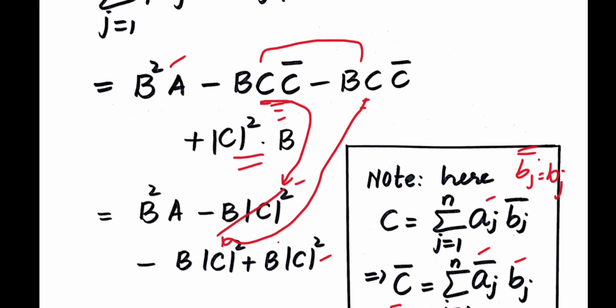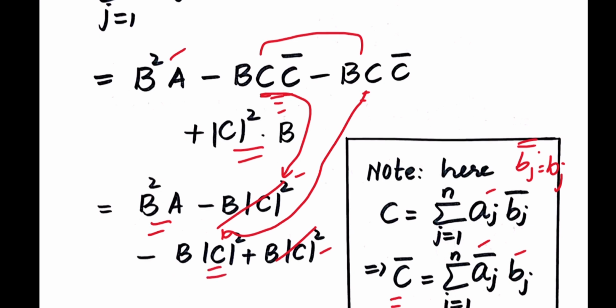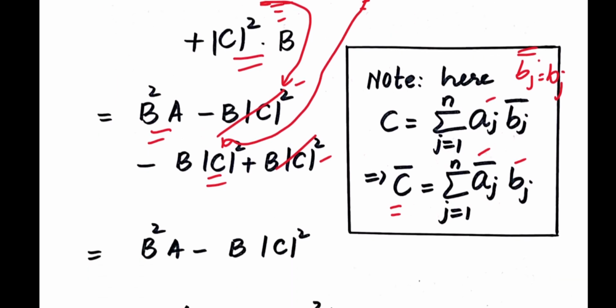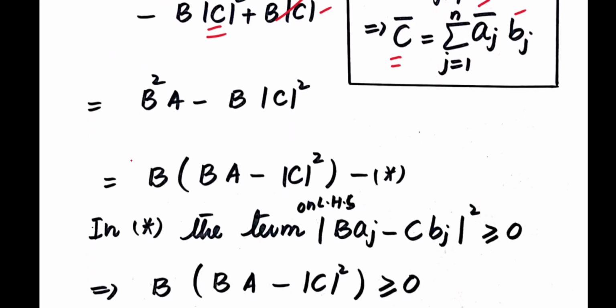Cancelling out the like terms, we have remaining two terms, B square A minus B times C modulus square. Now taking B as a common factor from these two terms, this becomes B into A B minus C modulus square. Suppose this is star. In star, what is my left hand side?